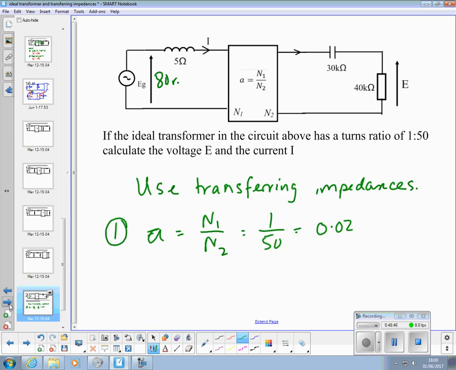Next, what do you think we do next? Because we've got a resistor here as a load, and we've got a capacitance as well in series. Could do, but how might we do it slightly better than that, do you think?